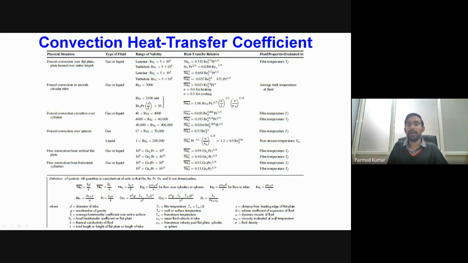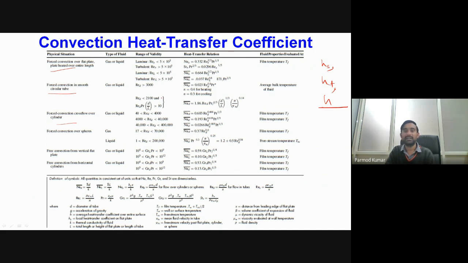In your previous slide, you might have seen that I have used different terms H, S, H, T, H. These are nothing but the convective heat transfer coefficient. Obviously, the value of the convective heat transfer coefficient should also be known. So for that, I have given one table over here corresponding to the different physical situations, and the type of fluid which is being employed, and their range of applicability is also shown over here.